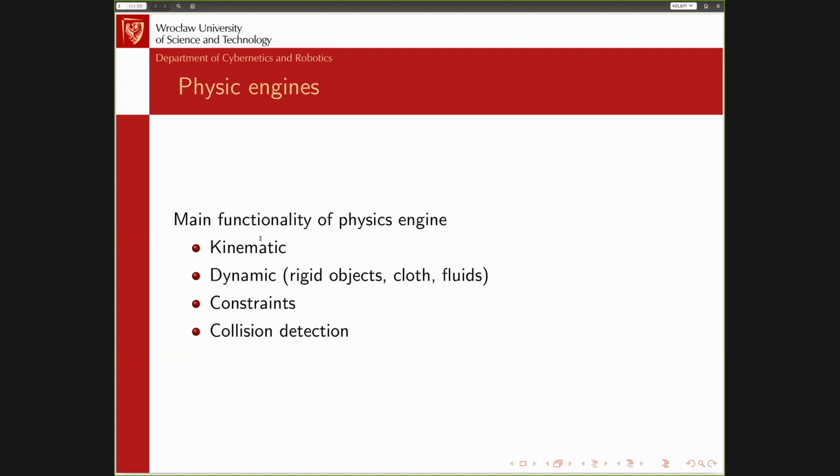Okay, the next thing that we should discuss is what kind of problems this kind of physics engine can solve for us. Generally, a physics engine allows us to simulate the behavior of some objects in a simulated environment.